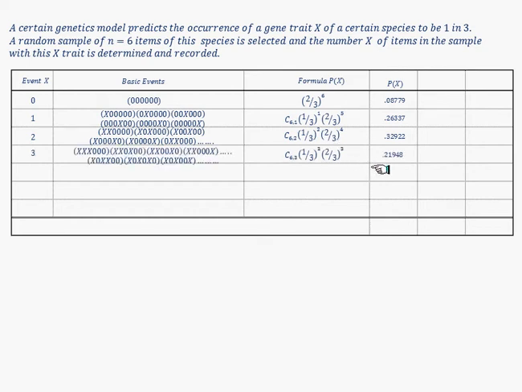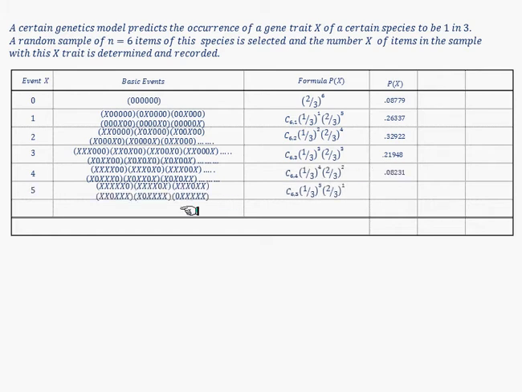And putting the rest on the screen here. And again, feel free to pause the video at any time. 5 successes, 5 X's: 6 choose 5, 1/3 to the 5th, 2/3 to the 1. And finally, we have the probability of 6 successes.